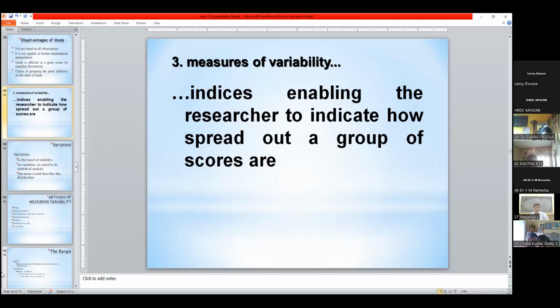That means measures of variability measure the heterogeneity or the homogeneity of the data. Please keep this in your mind because measures of variability have a significant influence on your results, since they indicate whether your data is heterogeneous or homogeneous.